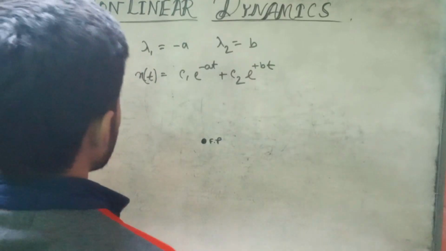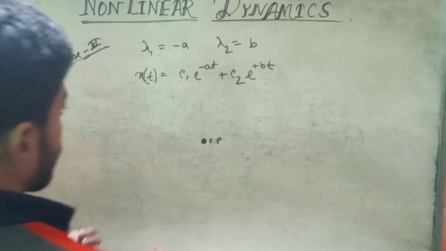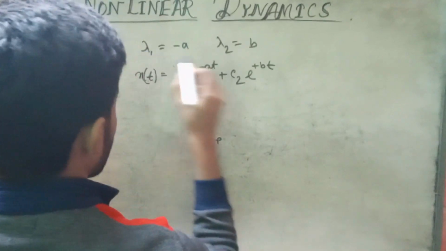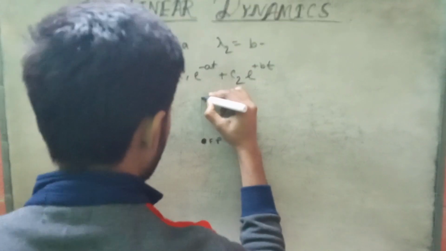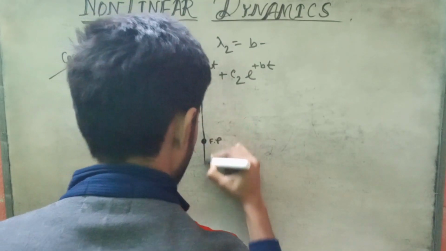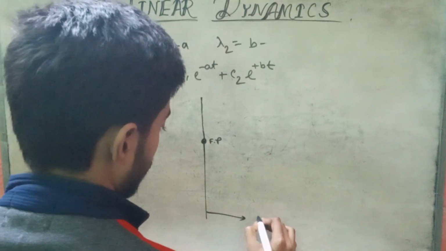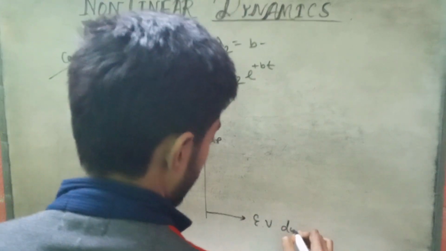So for the positive eigenvalue, this is the direction of the eigenvector.